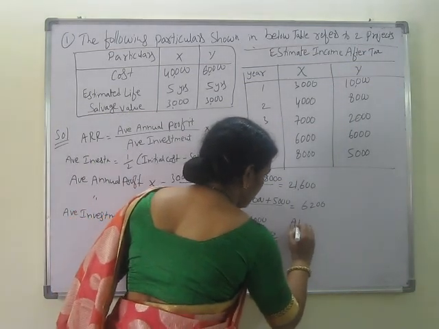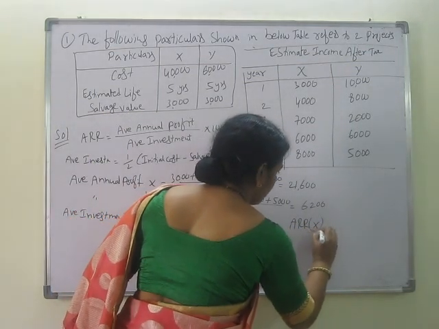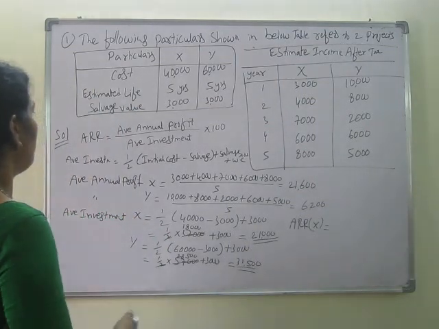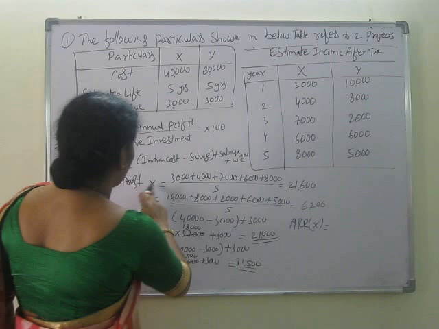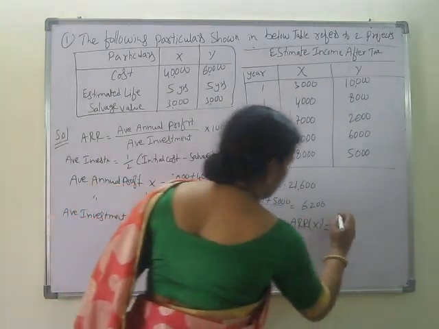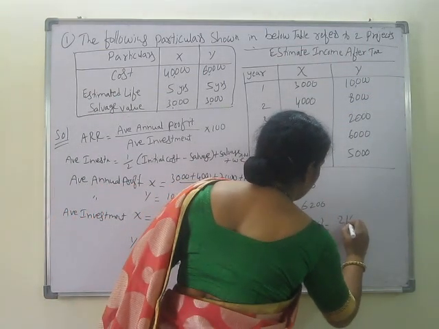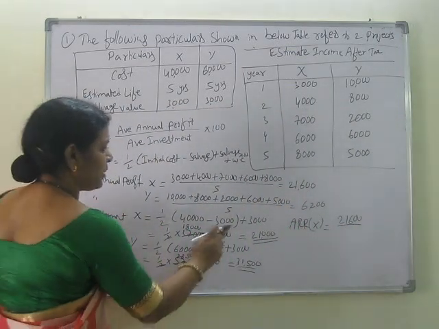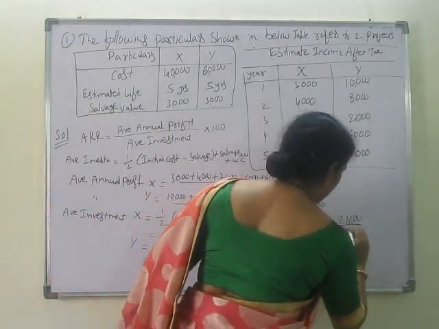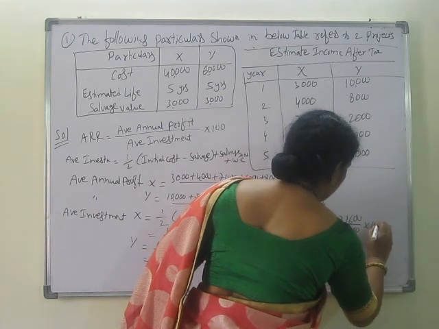So ARR for project X. What is the formula? Average annual profit. Average annual profit for X is 21,600. 21,600 by investment 21,000 into 100.